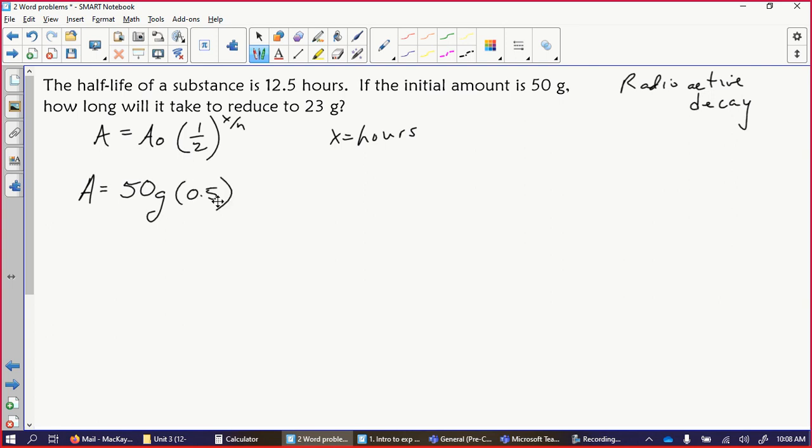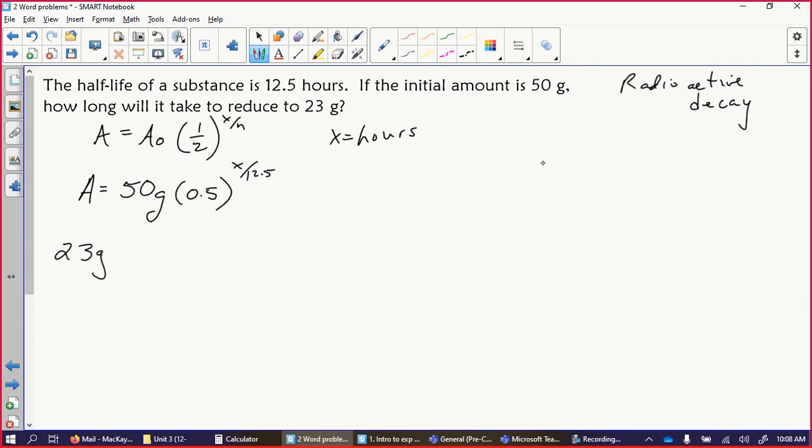So our initial equation, well, we've got 50 grams of this radioactive goo. I'm going to change that to a decimal just because it's going to work out. Over 12 and a half. Every 12 hours, we lose part of this. Well, we want to know how long it's going to take to get to 23 grams. Well, how long would it take to get to 25 grams?